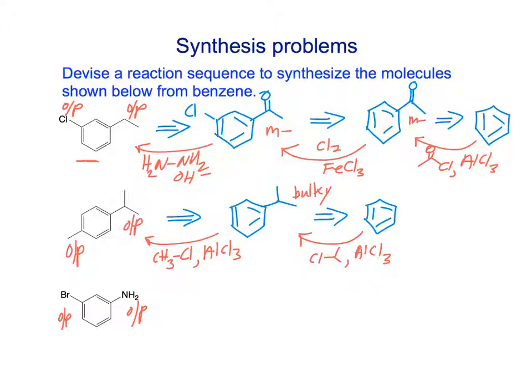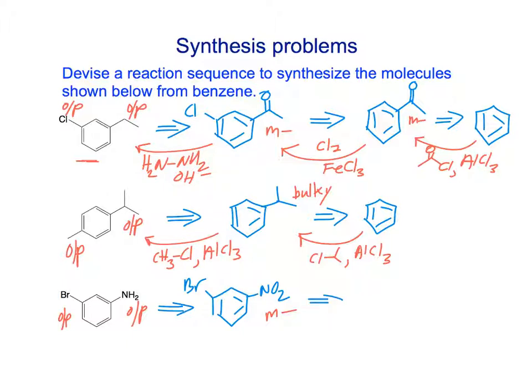So can one of those groups come from a meta-directing group? Right, the amine we can make from a nitro group, okay? And the nitro group is the meta-director. So if we go back one, we convert the amine, if we're going backwards, into a nitro group. Right? And the nitro group is meta-directing.